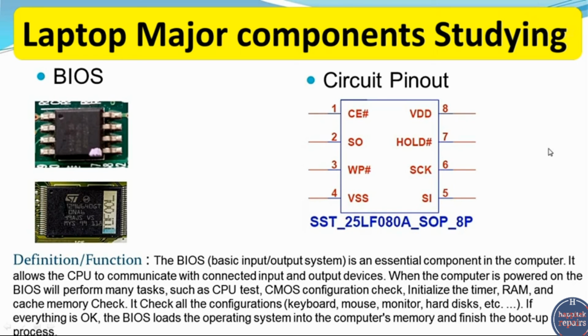It checks all the configurations: keyboard, mouse, monitor, hard disks, etc. If everything is okay, the BIOS loads the operating system into the computer's memory and finishes the boot up process.